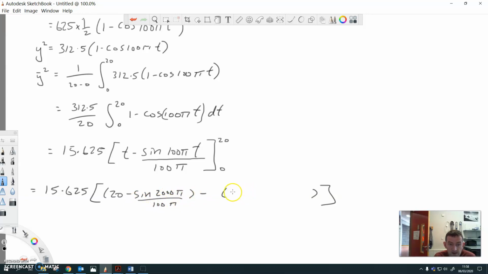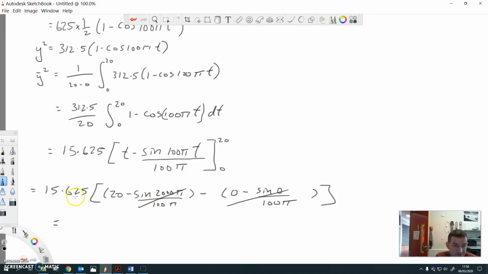In the second bracket, t becomes 0, so 0 minus sine of 0 over 100 pi. Now the sine of 0 is 0, so the second bracket doesn't really count. And also the sine of 2000 pi, make sure your calculator is in radians, equals 0. So that goes to 0.